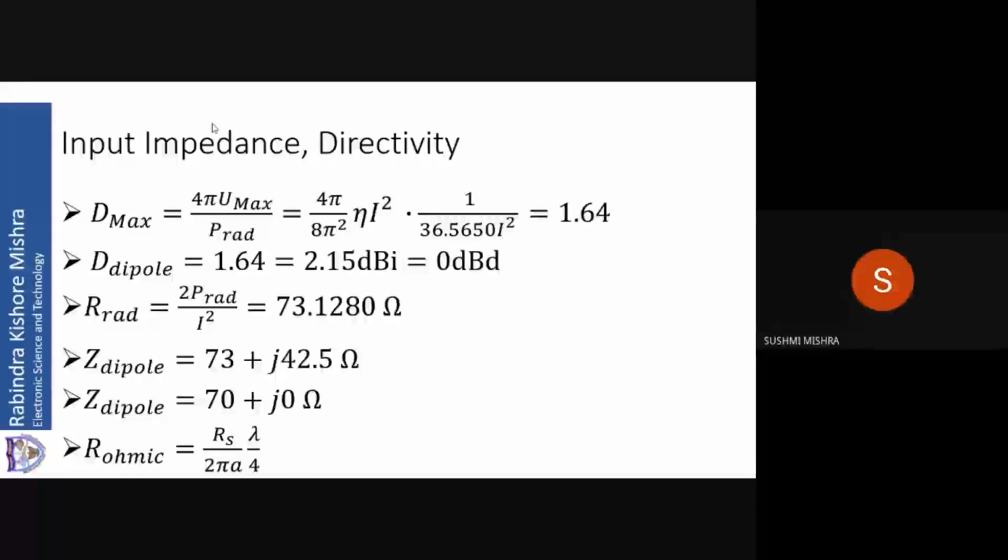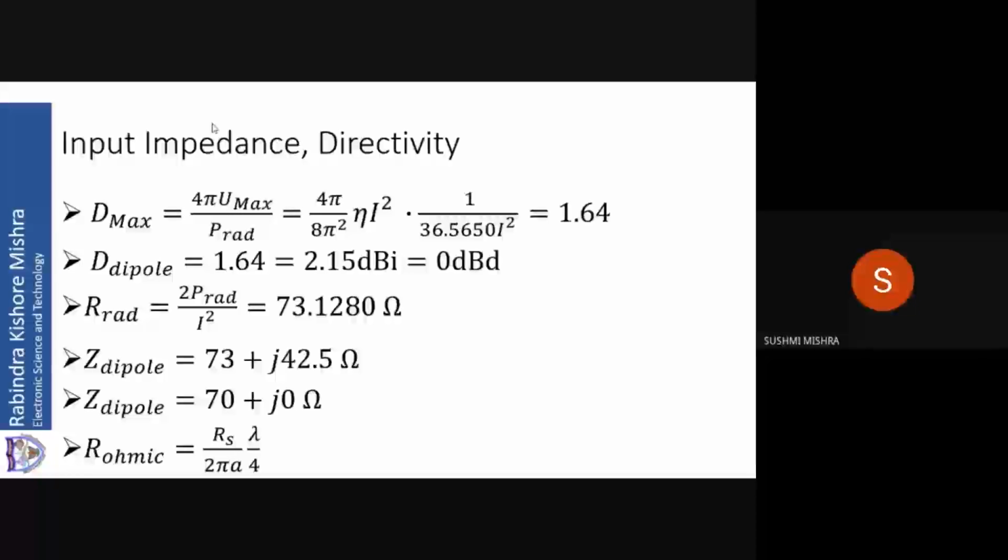I indicates that the comparison is with respect to an isotropic dipole which is fed with the same power as the half wave dipole. So if I feed power 1 watt to half wave dipole, and if I feed power 1 watt to isotropic dipole and compare their directivity, then I will get this value. Directivity will be 2.15 dBi.